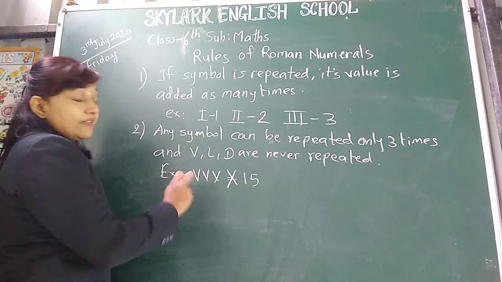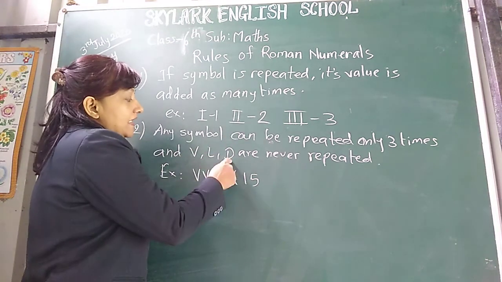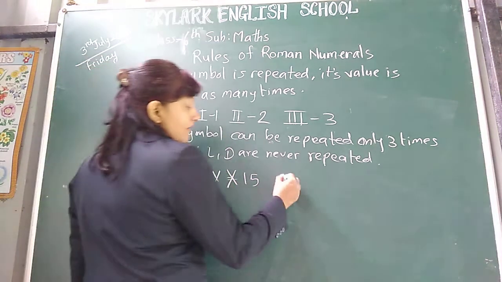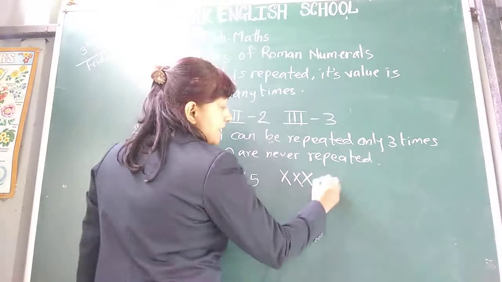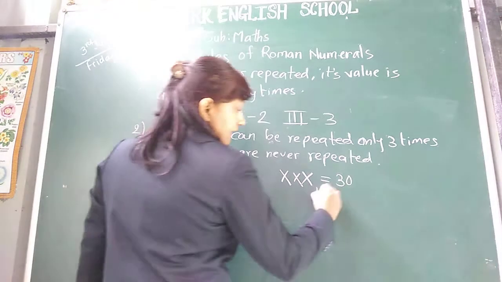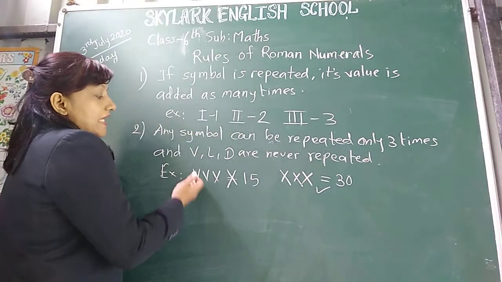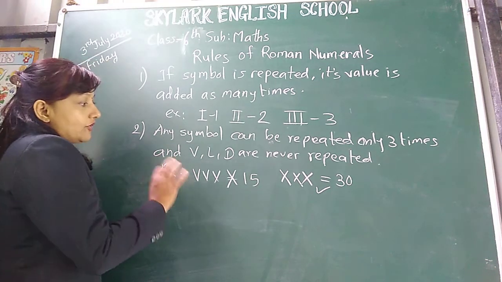Only one time you can write this V. This is for V, L and D. But X we can write 3 times, that is 10 plus 10 plus 10, that is 30. So that is correct. But V, L or D you cannot repeat. Okay, have you got this?